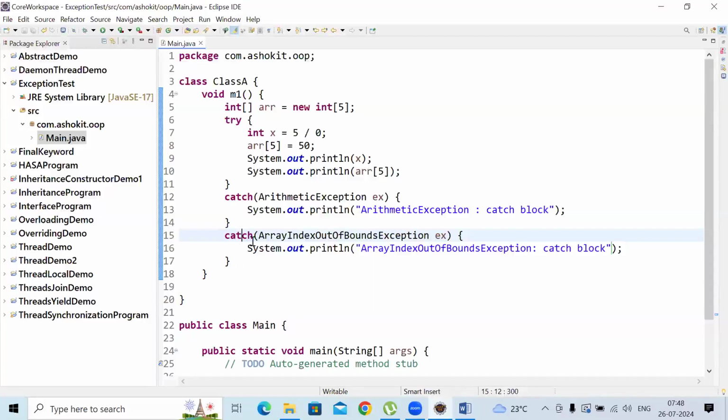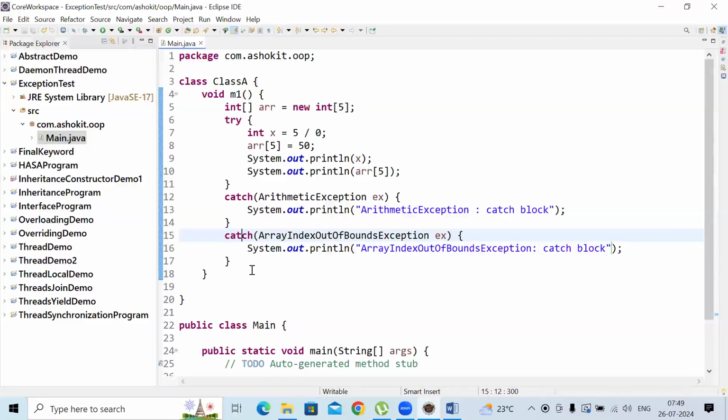Catch block is also not mandatory. Sorry, either a catch block or a finally block. Catch block is also not mandatory. That we'll discuss next. I'll come to that point later. I have not completed entire exception handling. Currently, whatever we discussed is try, catch, and finally.